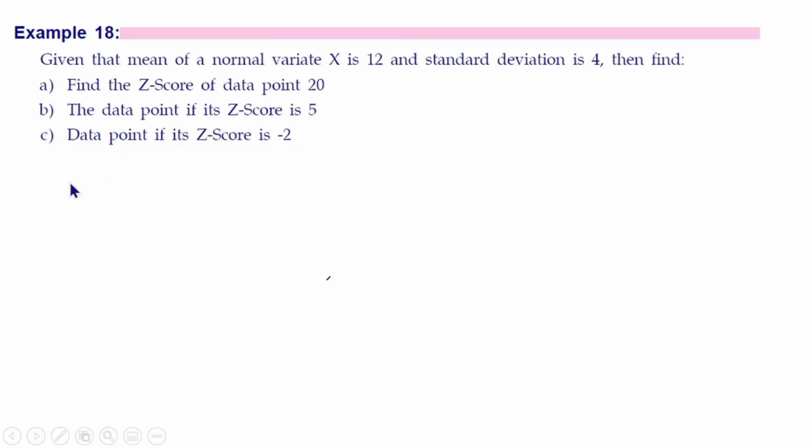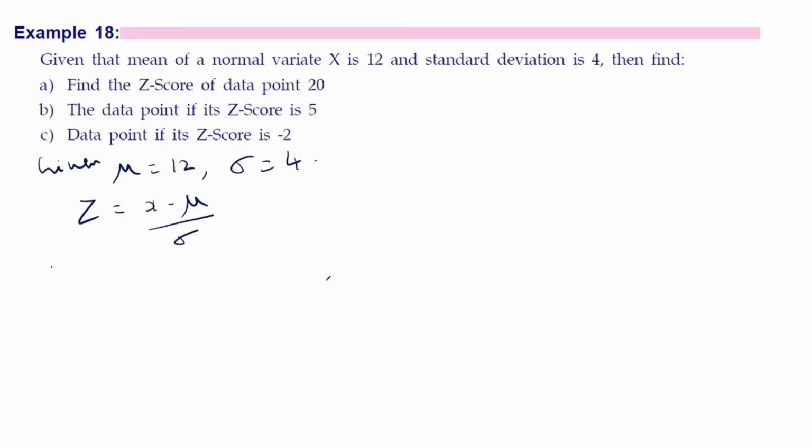Third, the data point if the z-score is -2. So here it is given mu is 12 and sigma is 4. And we know the z-score is given by z is equal to x minus mu by sigma. For the first subdivision, we need to find z when x is equal to 20.